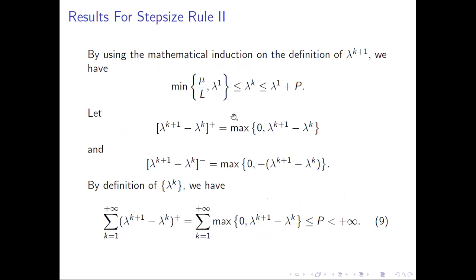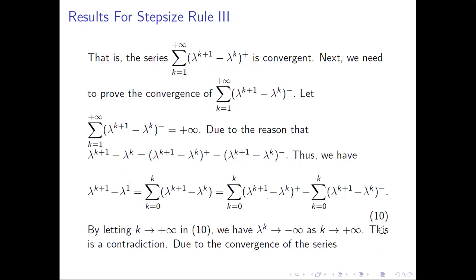By using mathematical induction, and by expanding these two terms and using the definition of lambda k, we can add this term, and this is a convergent series by using equation 9. Similarly, we need to prove the convergence of this series.